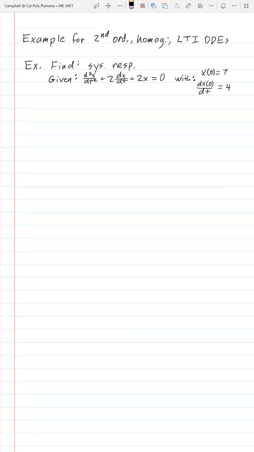So when we're looking at this particular differential equation, understanding that it's an LTI ODE, we can just go ahead and write down the characteristic equation.